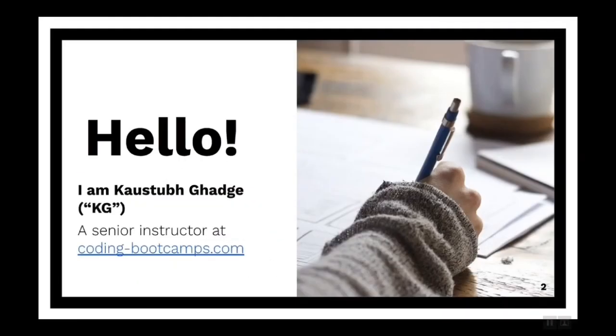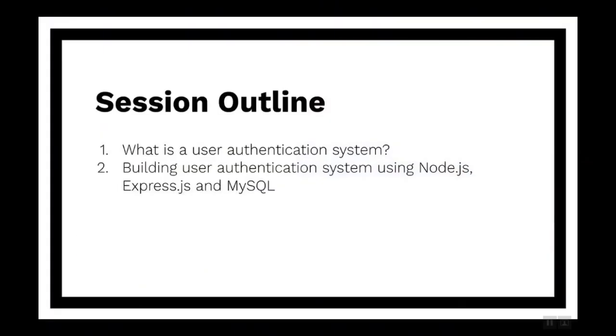In this session, we'll be covering Project 3. In Project 3, we'll be building the same user authentication system that we built in Project 1, but instead of using MongoDB, we'll explore some other databases. I've chosen MySQL specifically because relational database systems are used quite often in the industry.